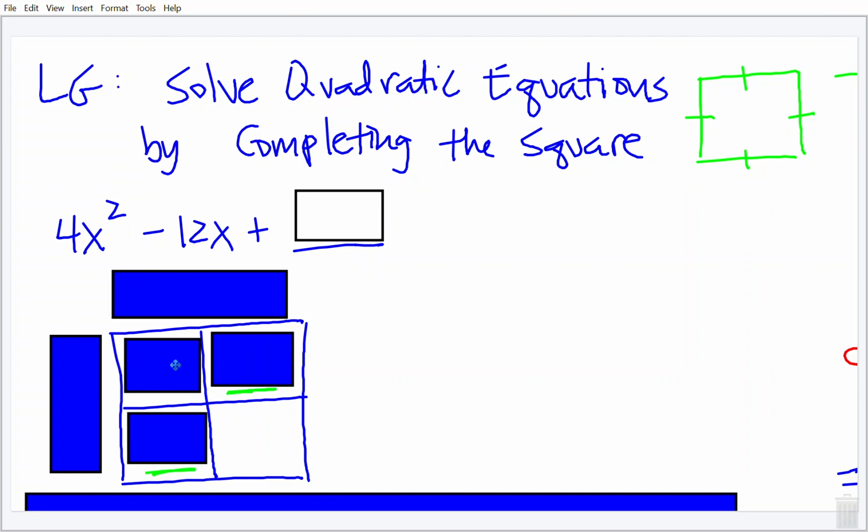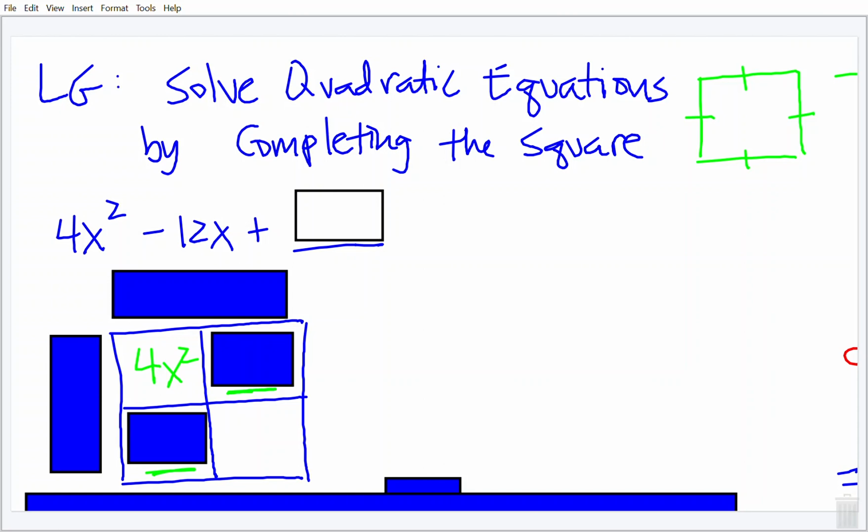The first step, we will place the 4x squared, the quadratic term, in the upper left-hand corner as we did before. So there it is. Now, usually we would take the constant term and put it in the lower right-hand corner, but we're missing that term.